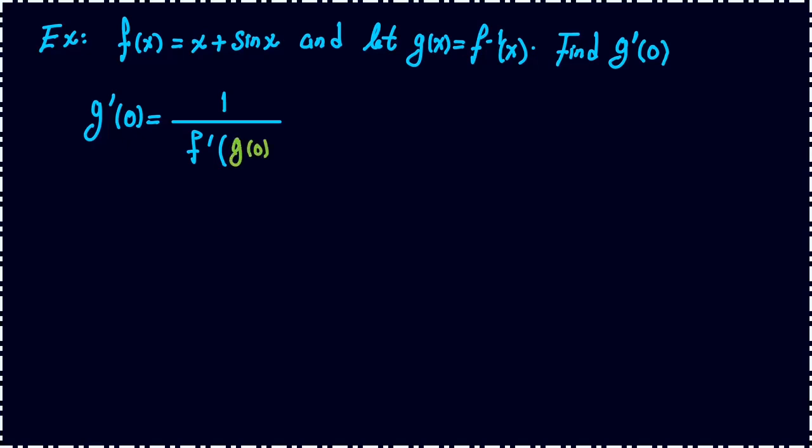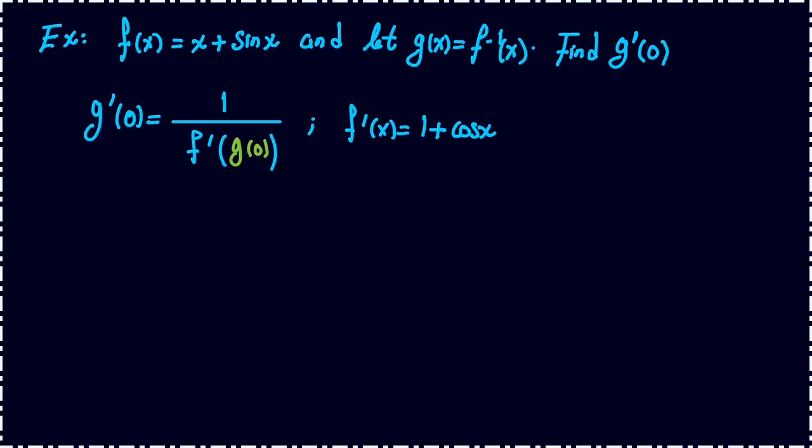So f prime is something we can find using whatever derivative rule. F prime of x, which we've already found, is again 1 plus cosine of x. So keep that in mind. We need to also find g of 0.